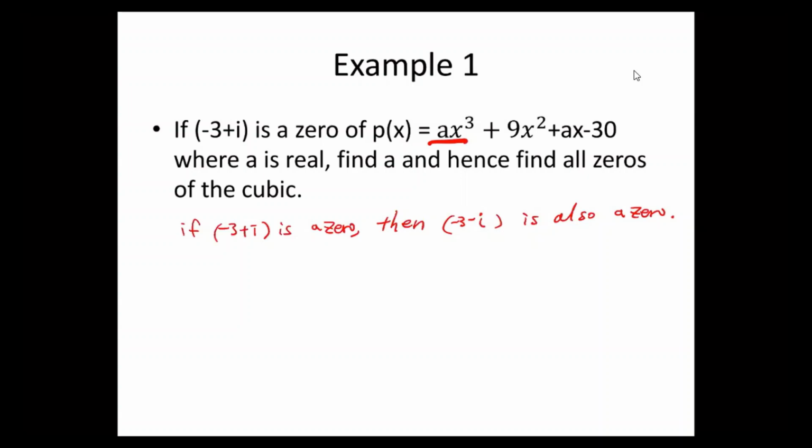Okay, now it's easy. What we're going to do is use the sum and product theorems. The sum of two roots and the product of two roots will be used to construct a quadratic. I'm not sure if you remember this, this is what we had.